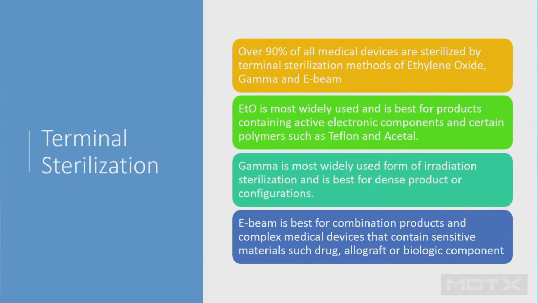Then you have gamma, with perhaps 30 to 35% of all medical devices sterilized via gamma. Another very effective sterilization modality. With gamma, basically what you're dealing with is radioactive material, cobalt-60.